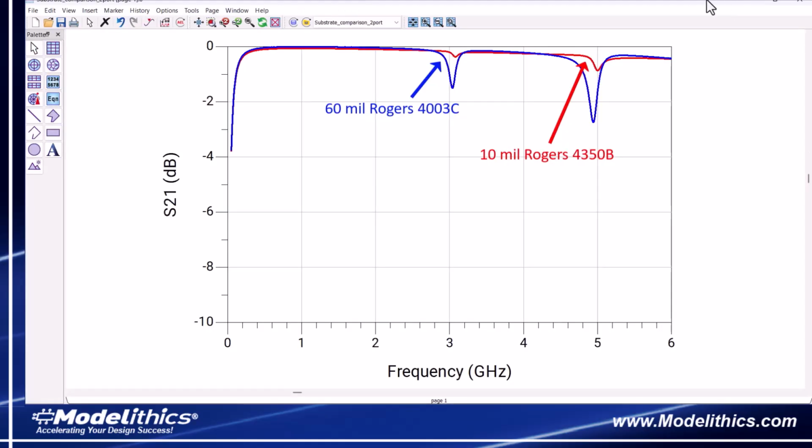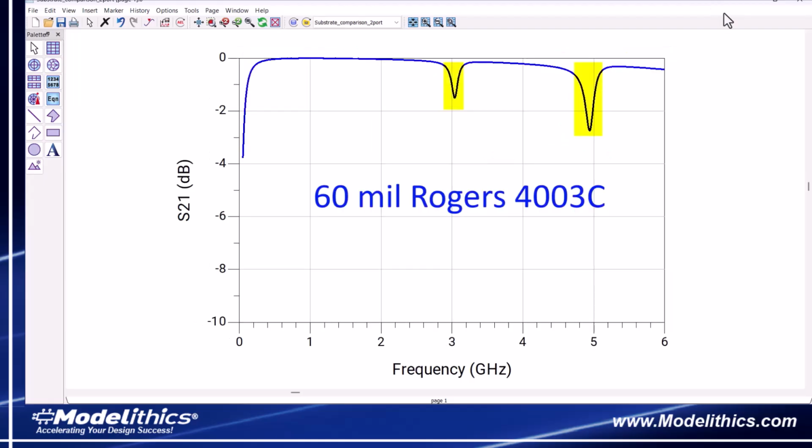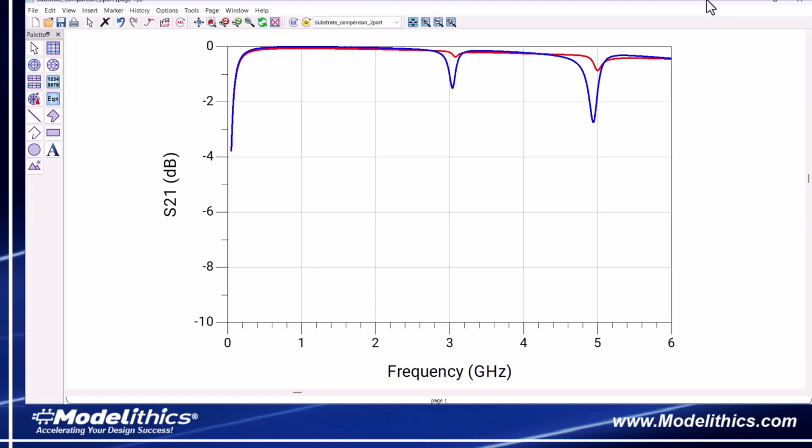This is the simulated S21 for both cases. Notice how we see steeper attenuation notches at the parallel resonant frequencies when using the 60 mil substrate versus the 10 mil substrate. So we see that predicting substrate-dependent performance is a key benefit of Modelithics microwave global models.